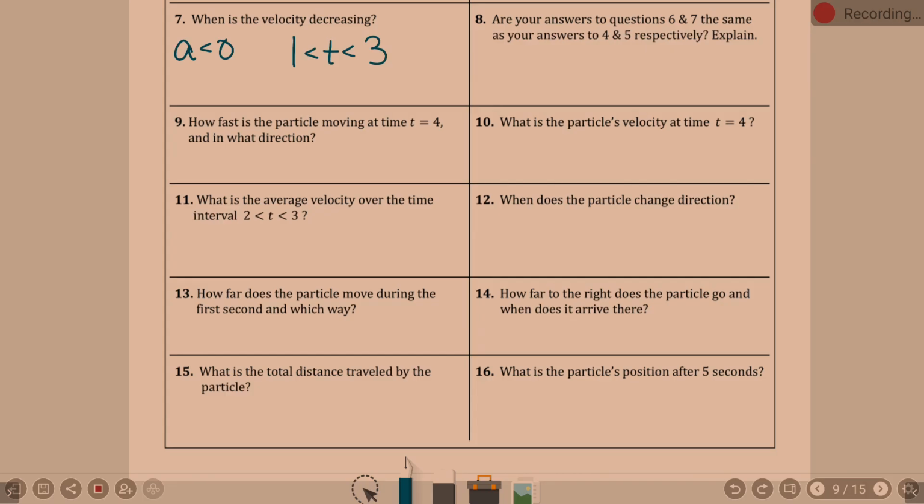Are your answers to 6 and 7 the same as your answers to 4 and 5, respectively? In other words, do 4 and 6 have the same answer, and 5 and 7 have the same answer? No. Explain.